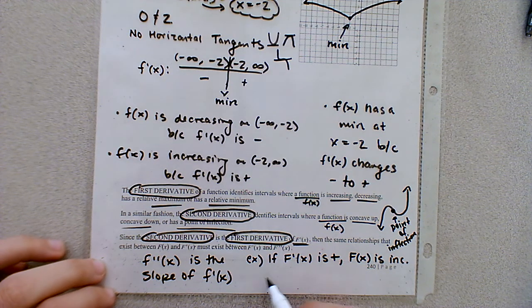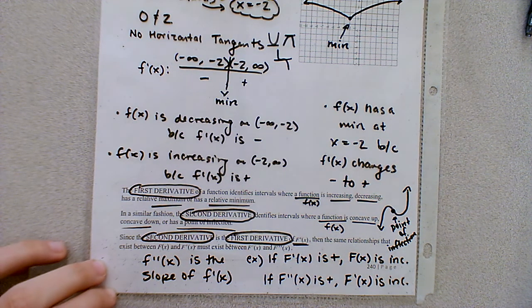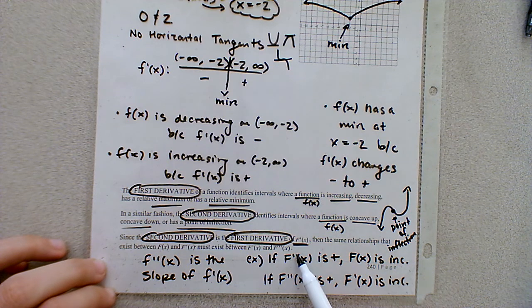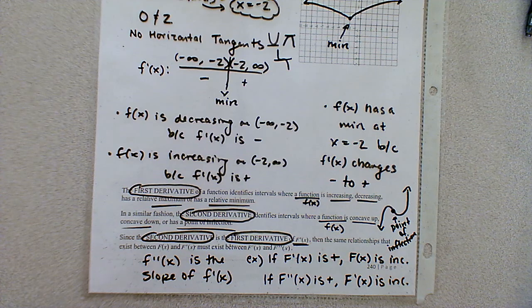We've seen that before. So if I go one more derivative, if I say the second derivative is positive, that means the first derivative is increasing. So we have the same connection. It's just a matter of putting an extra prime mark in your functions, but they have the same connections as the first derivative and the original function had that we've been discussing all year.